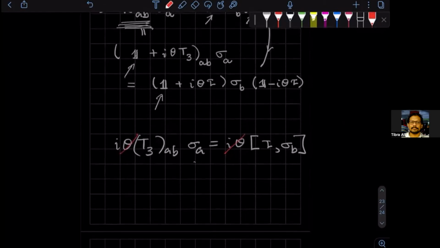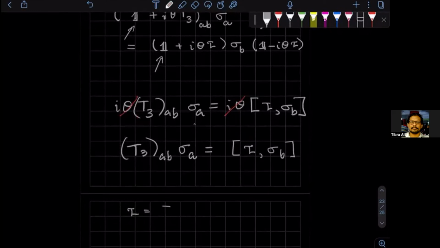So in the end, we have T3 AB sigma A is equal to the commutator of tau and sigma B. Okay. Now, what is tau?